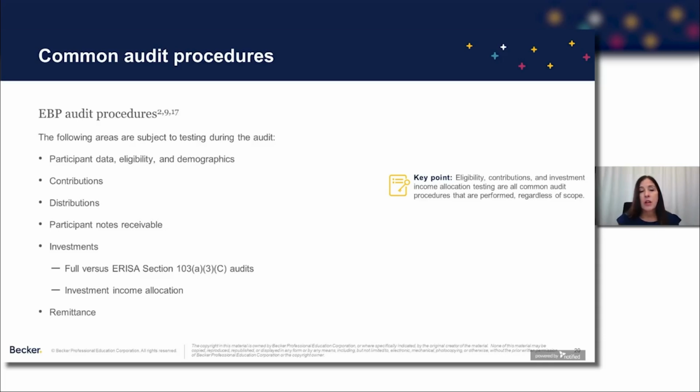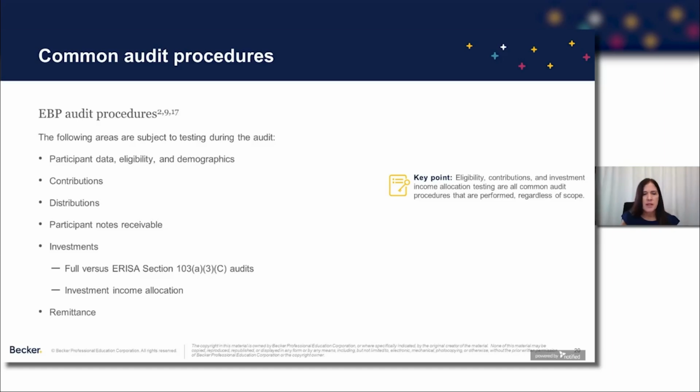If you are performing a non-103(a)(3)(C) audit, then you are also going to be testing the investment purchases, the investment sales for realized gains and losses, the investment fair value, and unrealized gains and losses. But those are only performed in a non-103(a)(3)(C) audit.